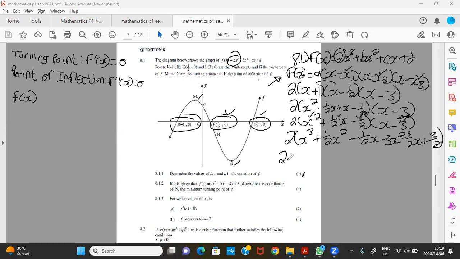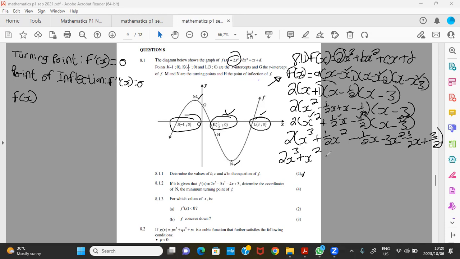So it will be 2x cubed plus x squared. I'm just distributing the 2 in every term.